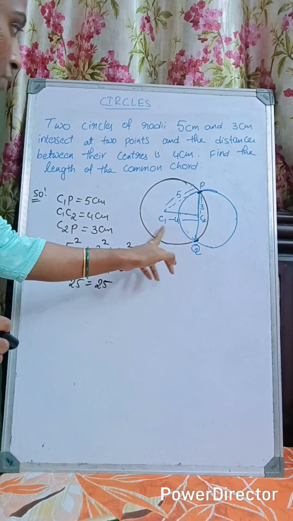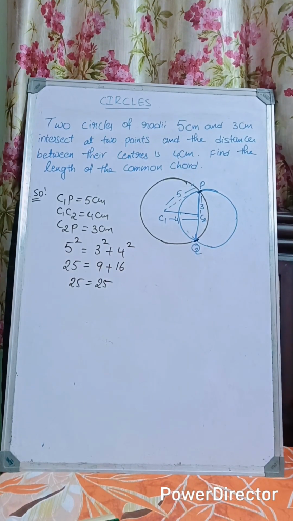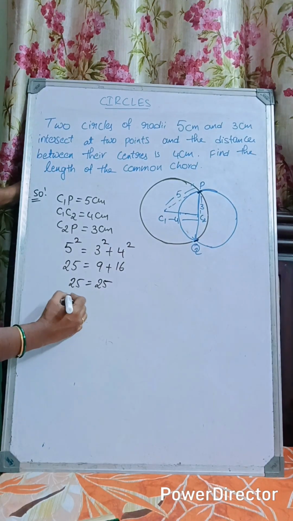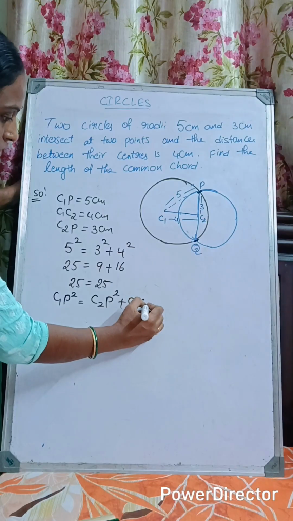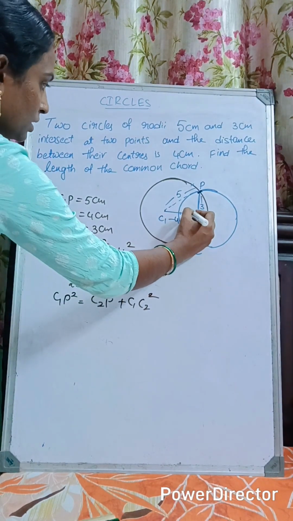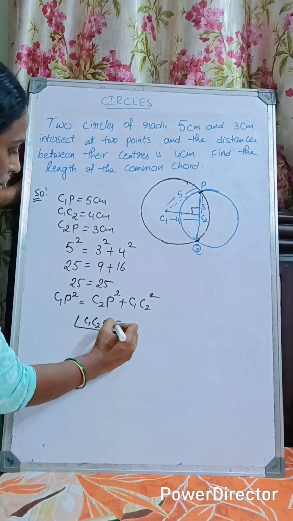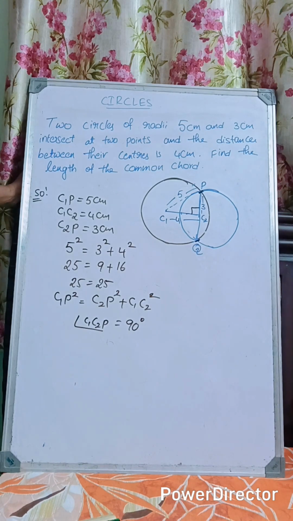That means this triangle C1C2P is a right angle triangle. So from this I can write C1P square is equal to C2P square plus C1C2 whole square. Where can I write the right angle? Angle C1C2P is equal to 90 degrees. So we understood this is a right angle triangle.